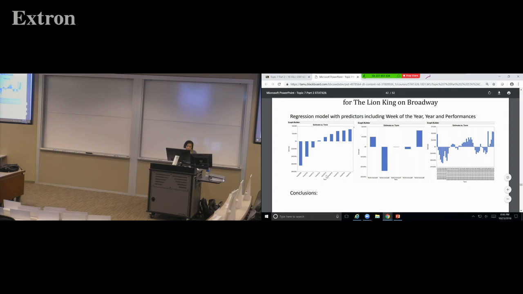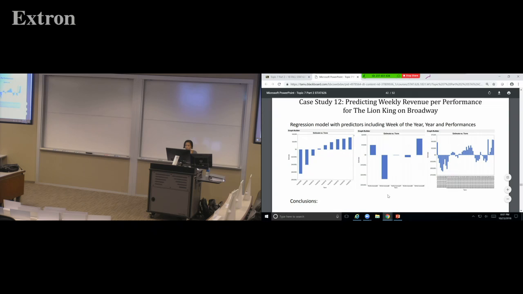And you can see here, just looking at the estimates, that as this is the year variable, as we move in time, it appears that the gross, right, becomes positive as we move in time. When you look at the number of performances, not so crystal clear of any obvious pattern. When you look at the weeks of the year, they seem to group in groups, right? Some low grossing and then others high grossing. Okay.